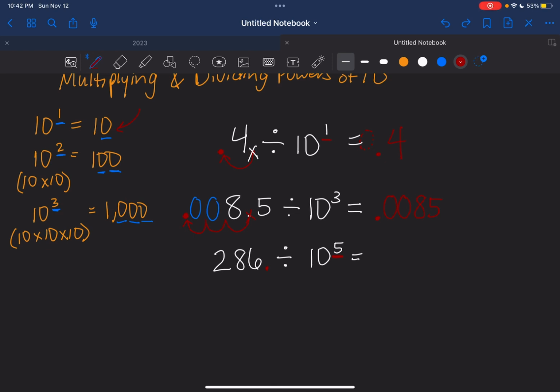So I'm just going to go ahead and show that now. 1, 2, 3, 4, 5, and put my new decimal point right there. And I know that I just go back in and fill in those empty spots with zeros because those are my placeholders. And then I can go ahead and put my new answer in. 0.00286. Okay, so that's my answer for that problem.